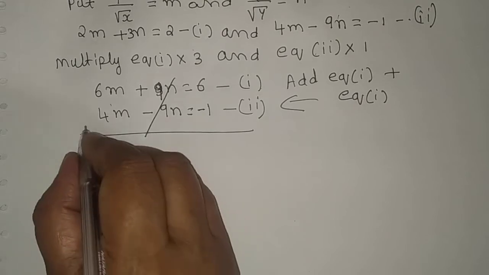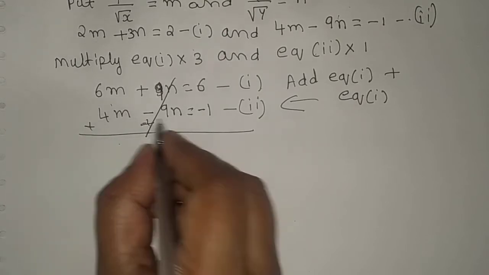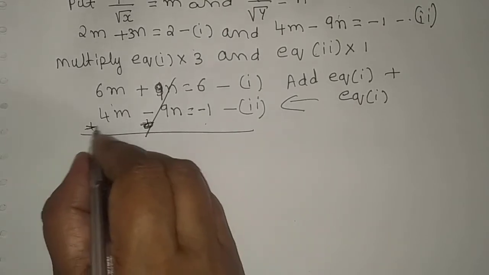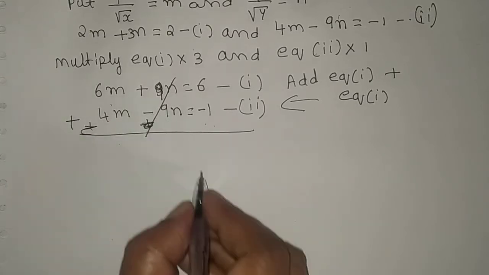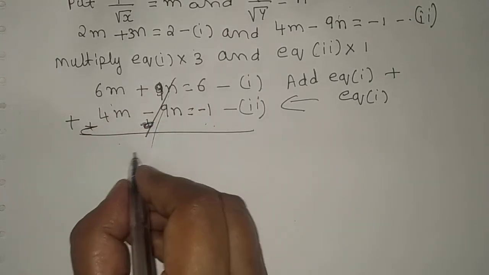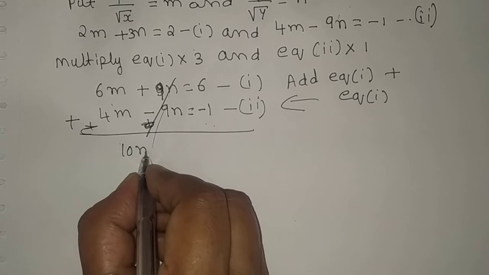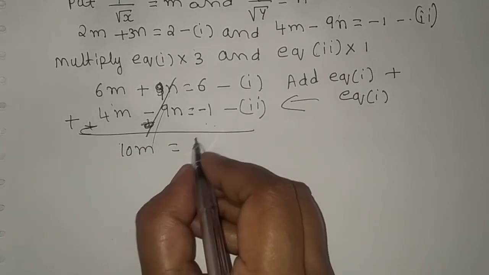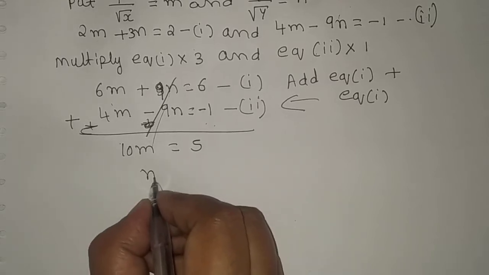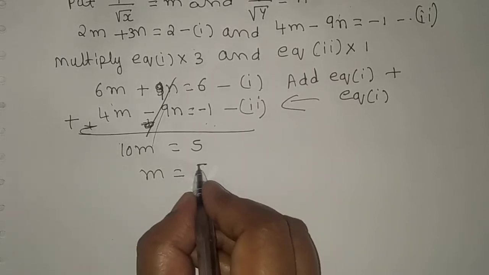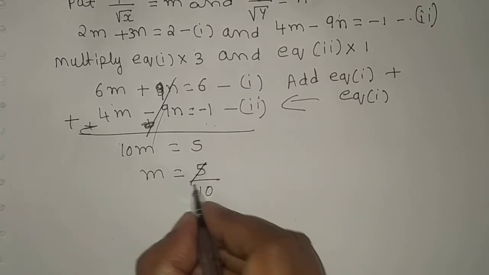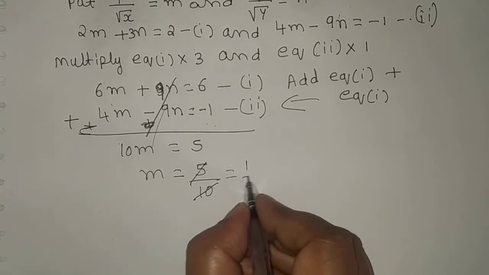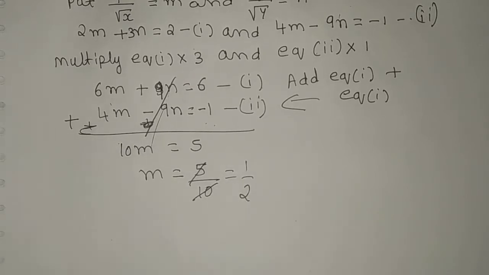Then we add and add. Then we get 10m is equal to minus 6 minus 1, which is 5. Therefore m is equal to 5 by 10. We are getting 5 1s are 5, 5 2s are 10. This is 1 by 2 we get.